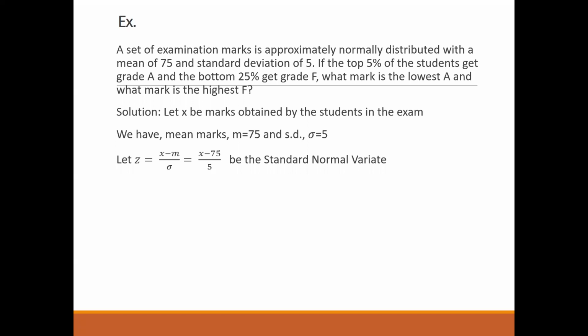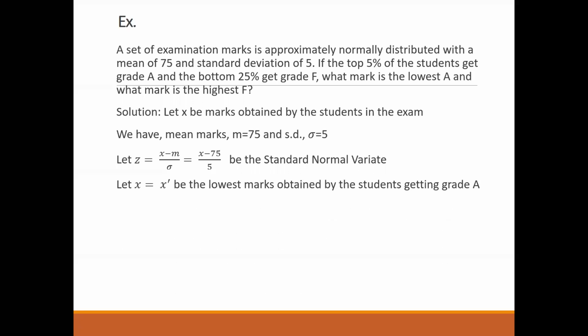Now, I take X equal to X dash, a single quote, as the lowest marks obtained by the students getting grade A. If you want, you can take some other variable as well, since it is difficult to pronounce that one.